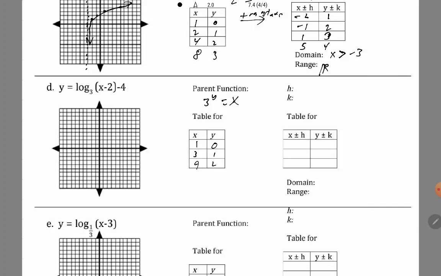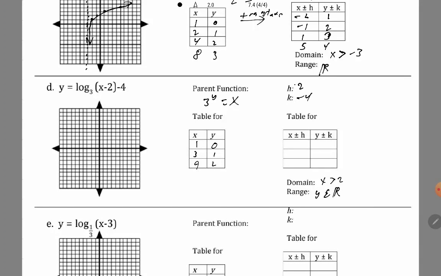Okay. Our h is +2, using the opposite. And k is -4. K tells the truth. Okay. So for our domain, x is greater than 2. That deals with our x value. Y is all real numbers.